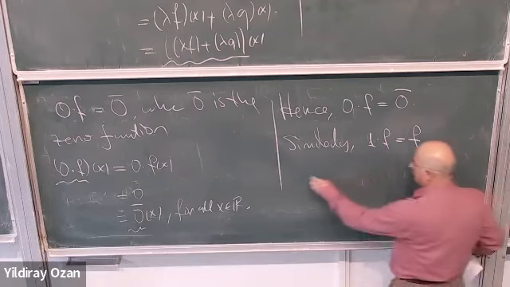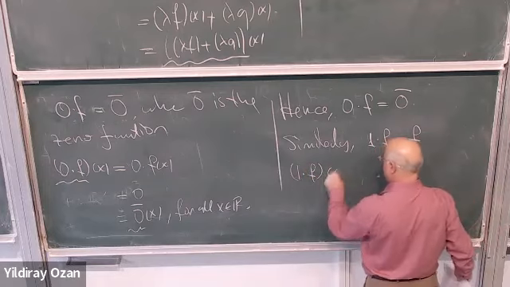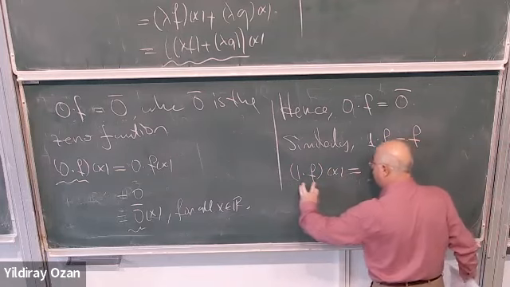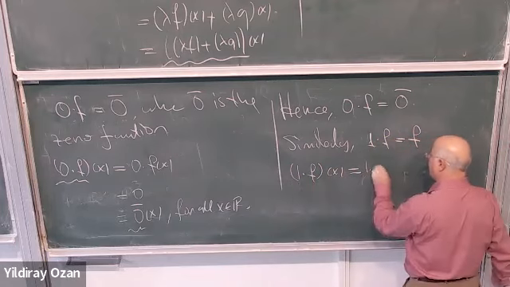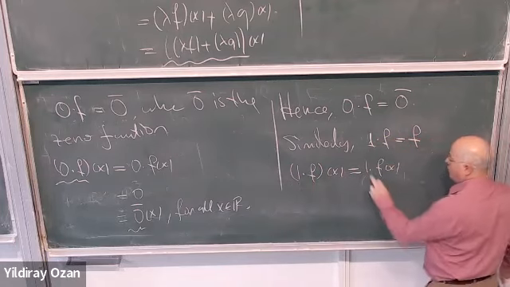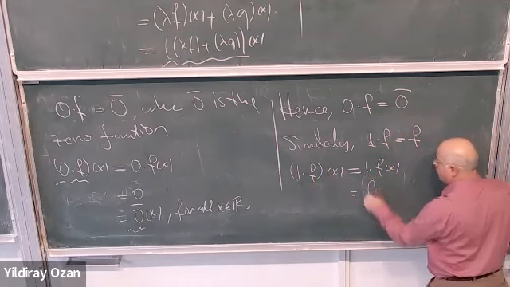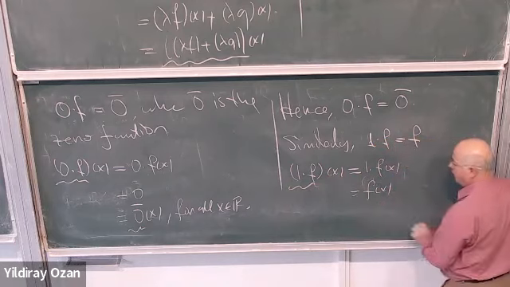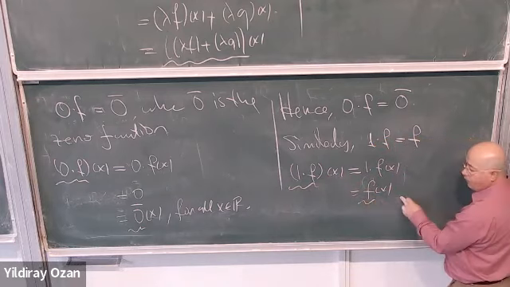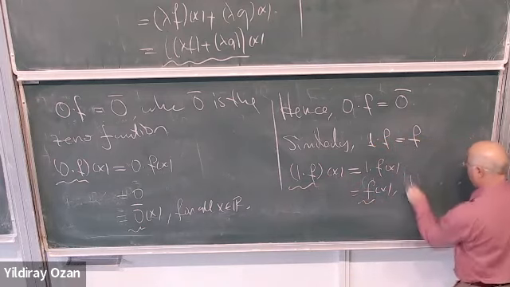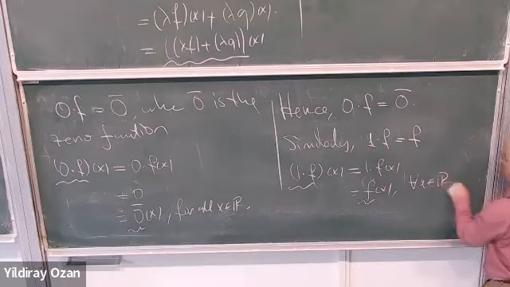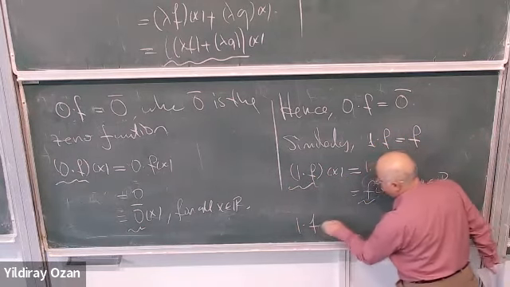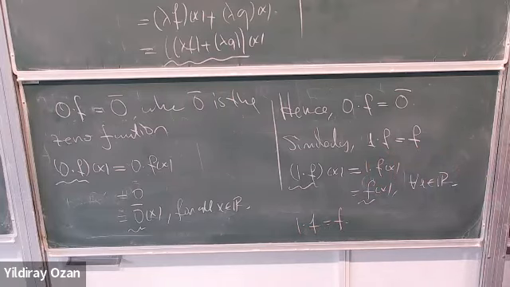This is, of course, obvious because by definition, the value of this function is just 1 times f of x. But these are real numbers, so this is just f of x. So 1 times f at x is just f of x. Therefore, this is true for all x in R. Hence, 1 times f is just f.